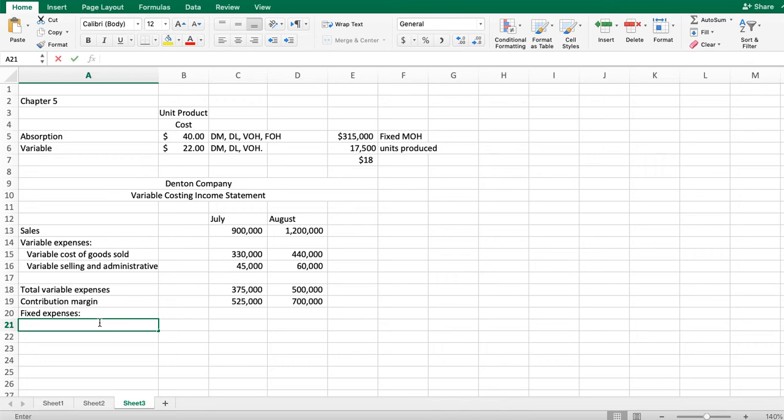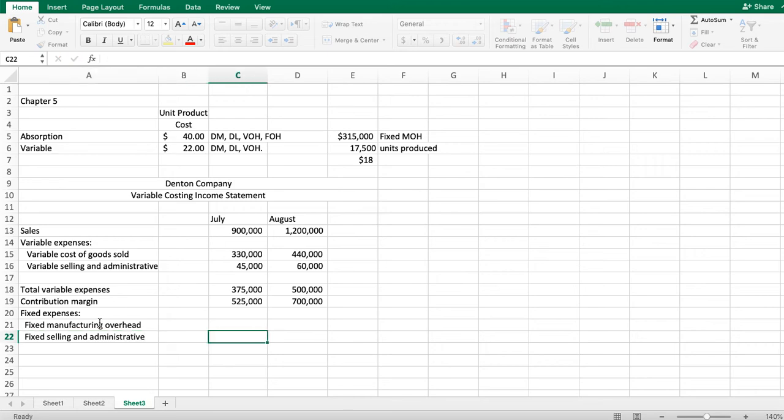So my first fixed expense that I'm going to subtract here is fixed manufacturing overhead. And then I have my fixed selling and administrative. And those are given to me. Those are fixed. They don't change based on volume. So 315 and 245.